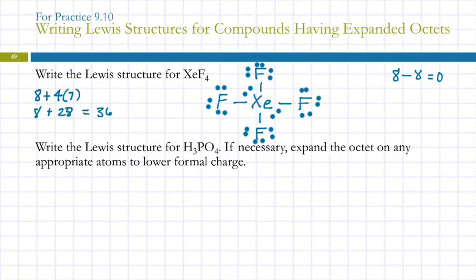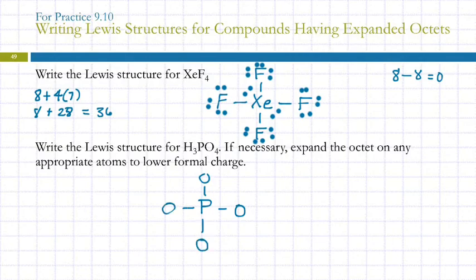So any questions about xenon tetrafluoride? Let's do phosphoric acid, H3PO4. So this one looks kind of similar to H2SO4, right? So let's put the phosphorus in the middle and put the 4 oxygens around it.